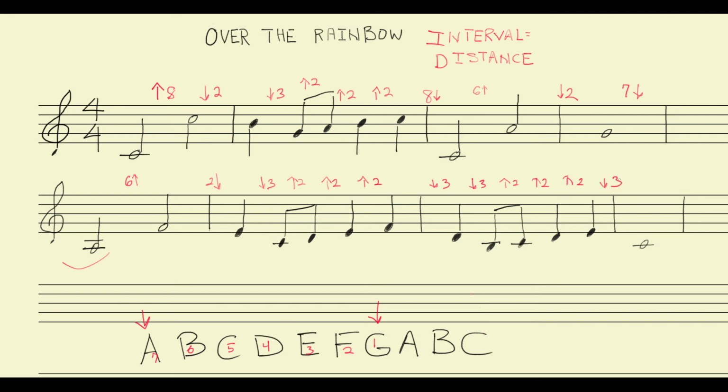Let me start from the beginning of the second line. Up a sixth, down a second, down a third, up a second, up a second, up a second, up a second, down a third, down a third, up a second, up a second, up a second, down a third.